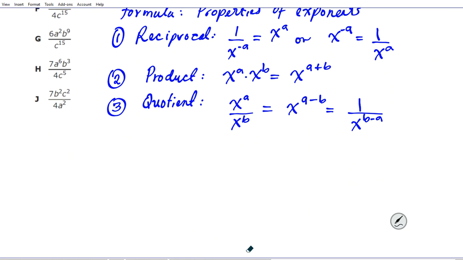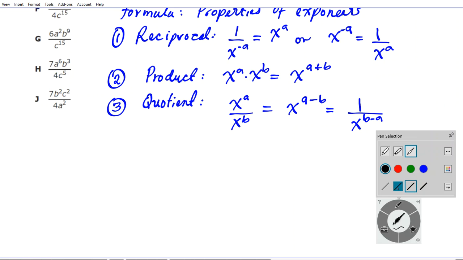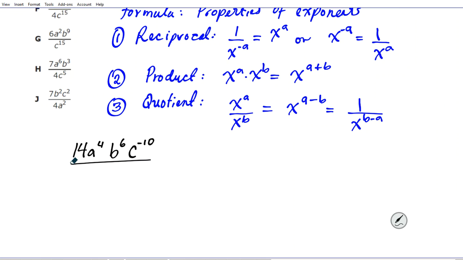We have 14 a to the fourth power, b to the sixth power, c to the negative 10 divided by 8a to the negative 2, b to the third, c to the negative 5.